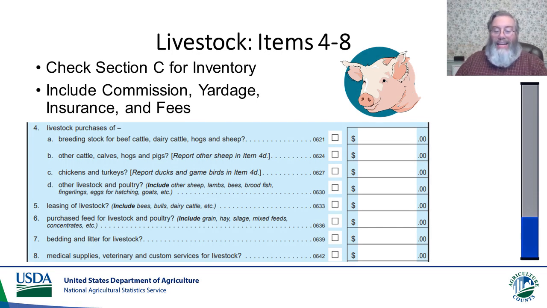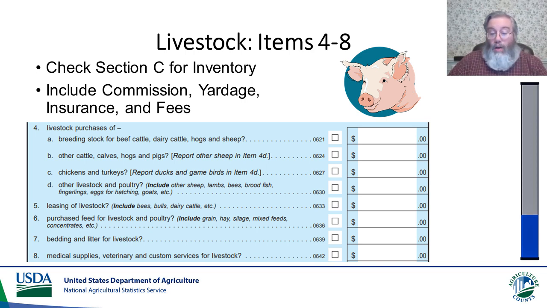Questions 4 through 8 address expenses that are unique to operations with livestock and should be present if there are livestock inventories reported in Section C. For example, if the operator owns and raises hogs, you might expect to see responses to questions 4A or 4B, question 6, or question 8.